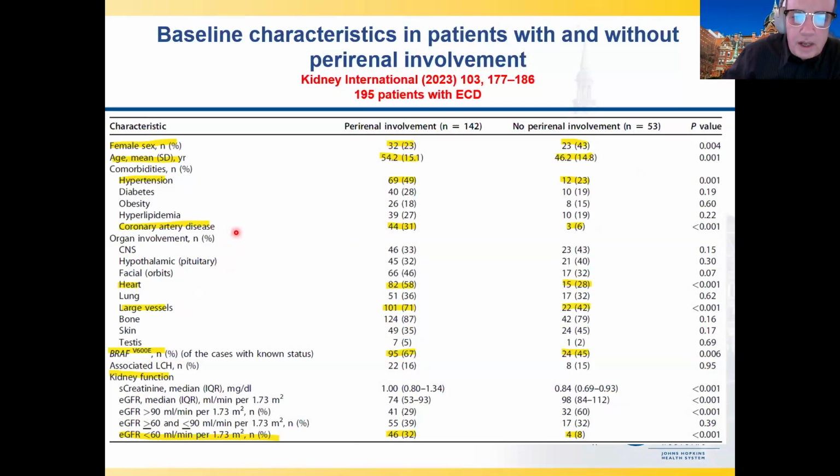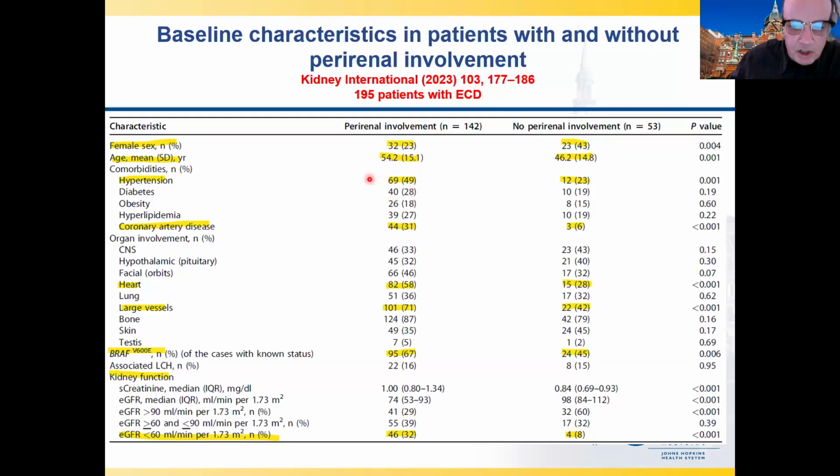When Haroche looked at those patients, he compared the patients who had perirenal involvement with those with no perirenal involvement. He looked at 142 out of the 195. So 142 patients had perirenal involvement around the kidney, and this is no involvement. You can see here that the majority of patients with perirenal involvement are men, and they are older, 54 versus 46.